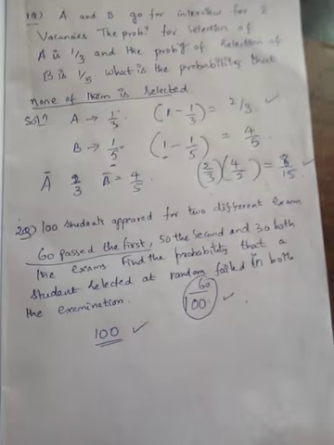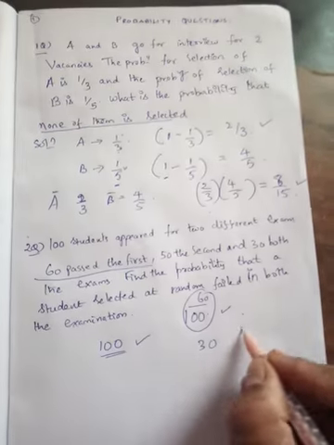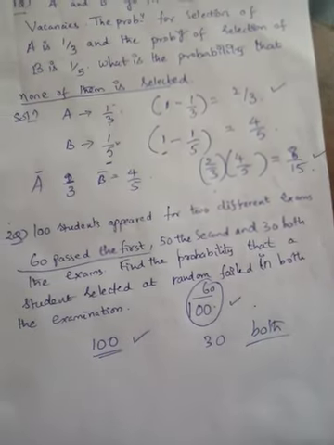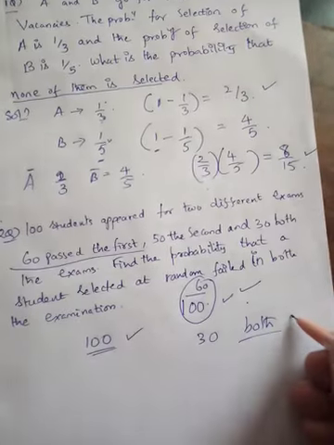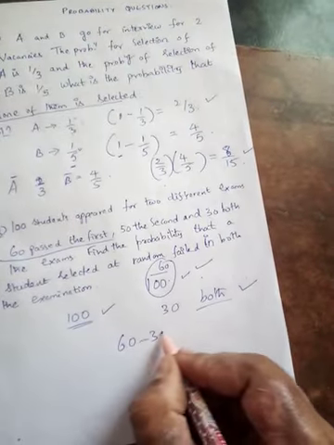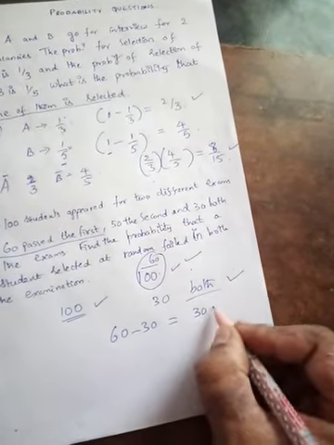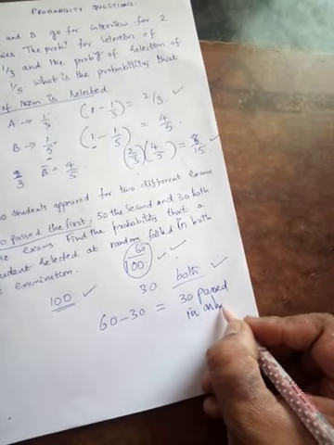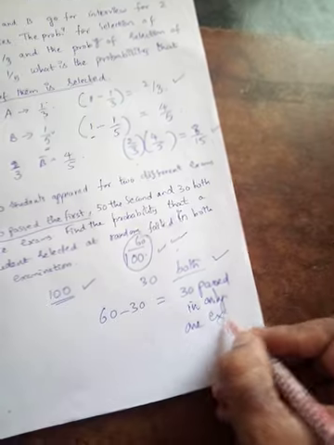In the same way, 30 passed in both exams. You can see the next line. If you set it aside, 60 passed in the first exam, 30 passed in both exams. So 60 minus 30, in the sense, 30 passed in only one subject. That is what it means.